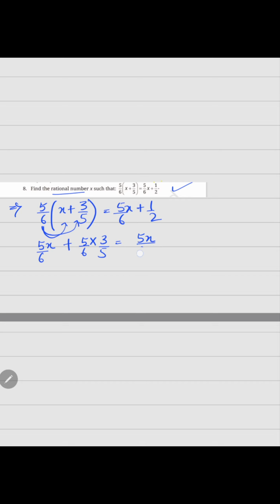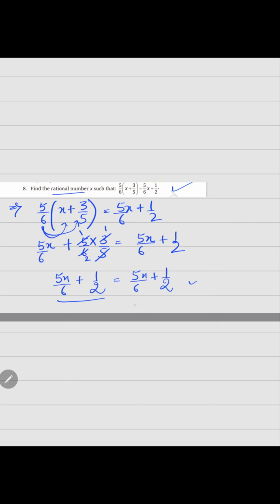And we write the LHS side as it is. 5 times 1 is 5, 3 times 2 is 6. We got 1/2, so we got the LHS side equal to RHS side.